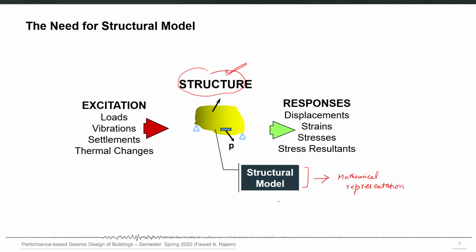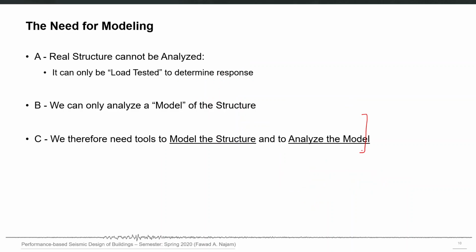This structural model comprises all those assumptions which you make in order to simplify the real structure so that it can be reasonably described by a mathematical model. That mathematical model should be simple enough to be governed by linear, matrix algebraic equations, so that the FEM solution can handle them to come up with the final displacements and all those responses which we mentioned earlier.